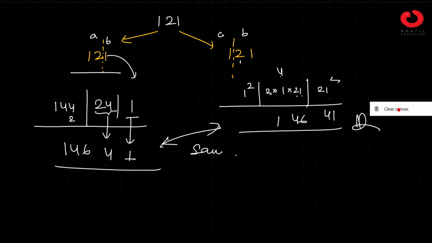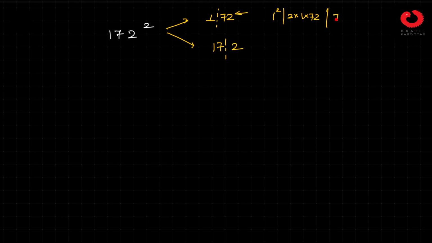Now you should use this partition wisely, you cannot blindly follow it. Suppose a number is there, 172. Now to square this, what do you think? Which would be the best partition? You have two options. One, partition 1 bar 72, and another option 17 bar 2. You can very well see in this you will have to know the square of 72, means 1 square, 2 into 1 into 72, and then 72 square.